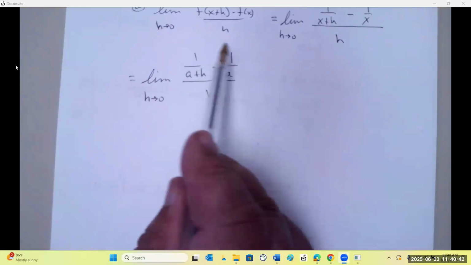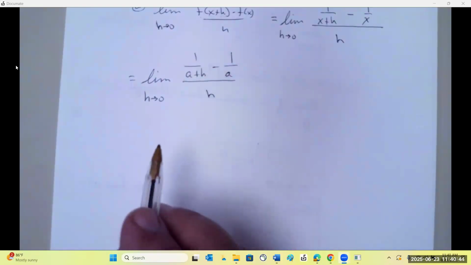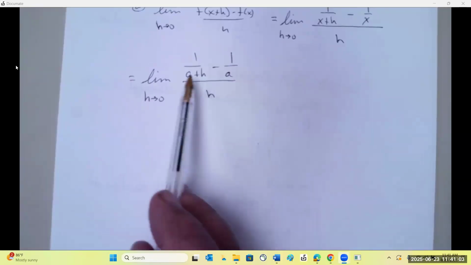What do we do on top? How do you subtract 1 over a plus h minus 1 over a? The complex conjugate would be done if we had imaginaries or radicals with negatives in them, so not in this case. Let's simplify the top by getting a common denominator.